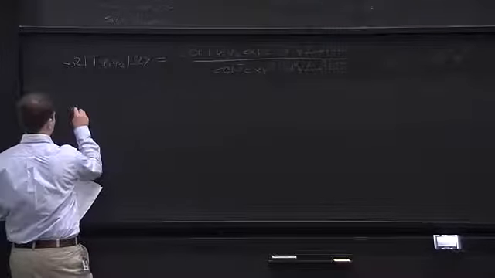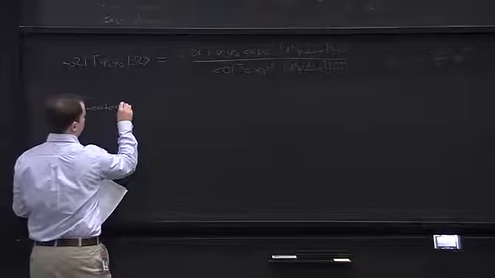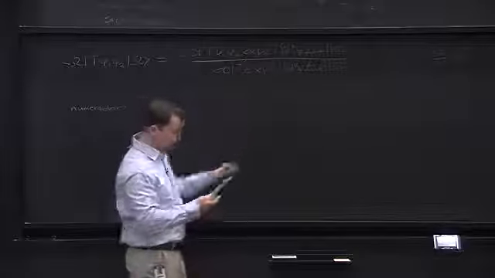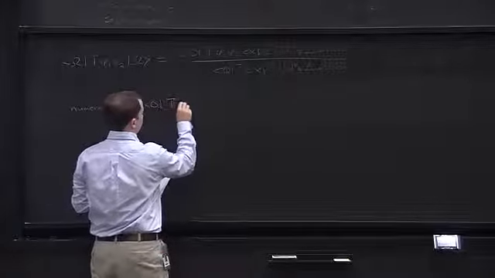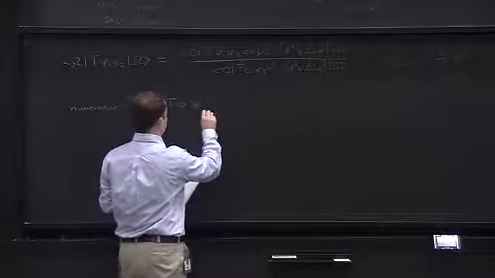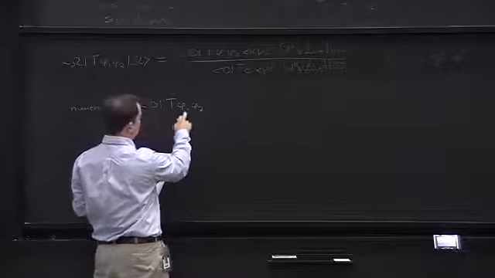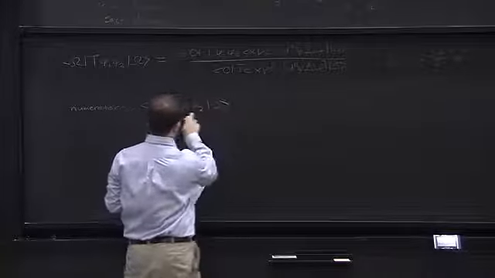So the numerator here, if we want to compute this, we have to do perturbation theory, and that means expanding the exponential. So what we've got here is our first term. From expanding the exponential, we just get a 1. So that's just the time-ordered product of phi1 and phi2.